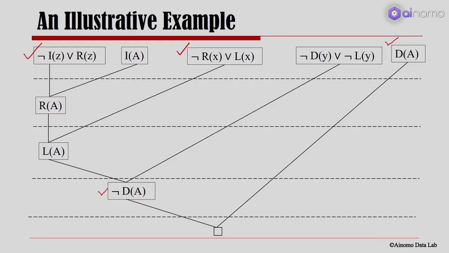Now, one needs to realize that the proof of this example had taken me from the original clause to the first level resolvents, to the second level resolvents. I generated the third level resolvents, and I got my empty clause only at the fourth level.